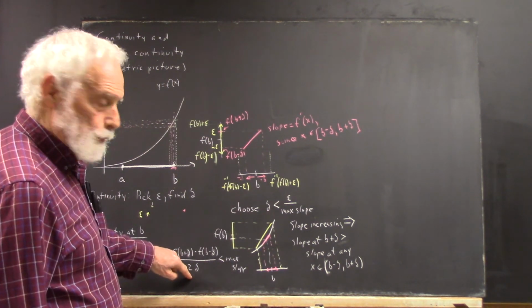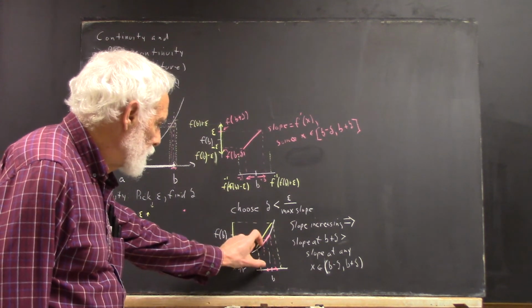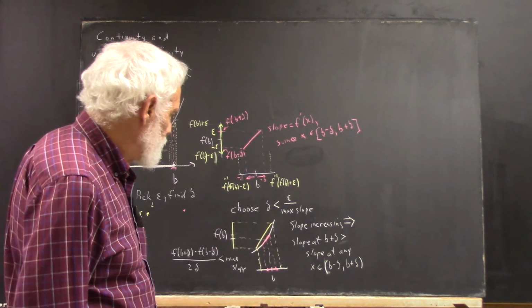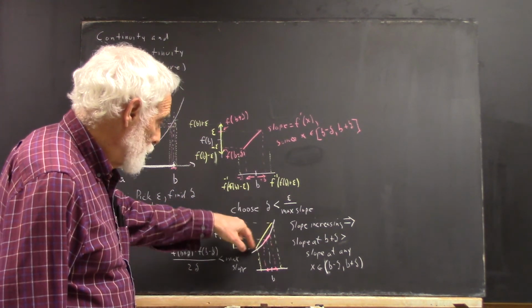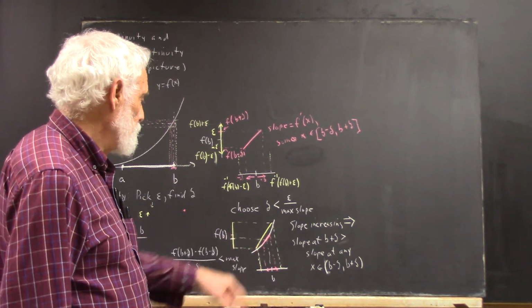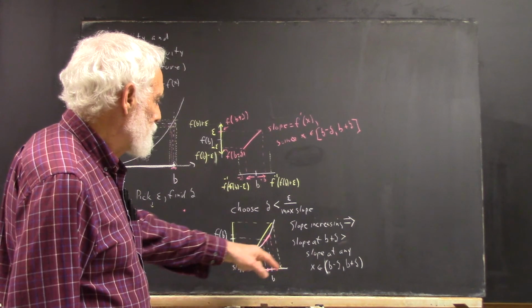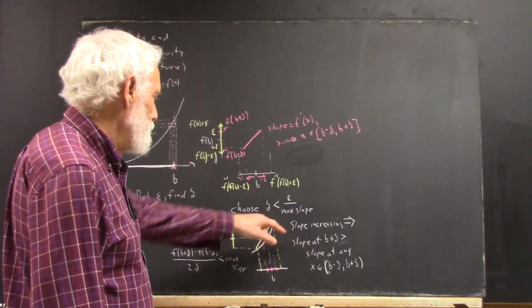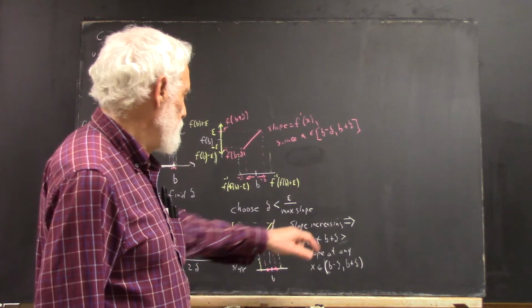Then this is clearly true, okay, because f of b minus delta is this, f of b plus delta is this. Subtract the two, you get the rise of a triangle from here to here. And the triangle has width 2 delta, so the slope of this triangle has to be less than this maximum slope, which is the slope at b plus delta.